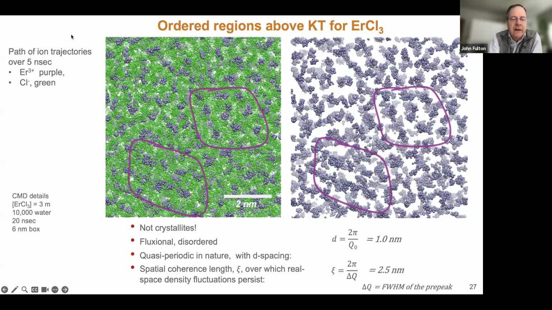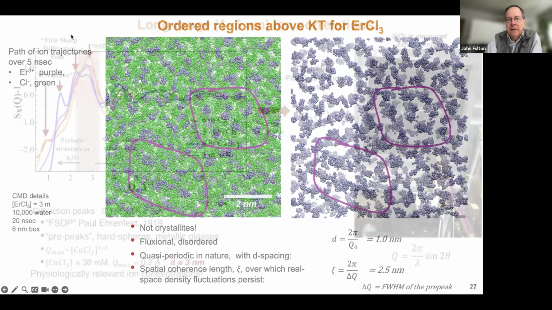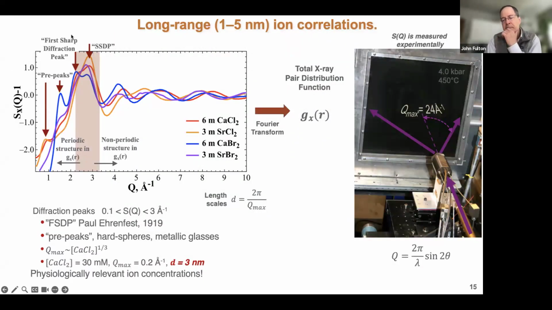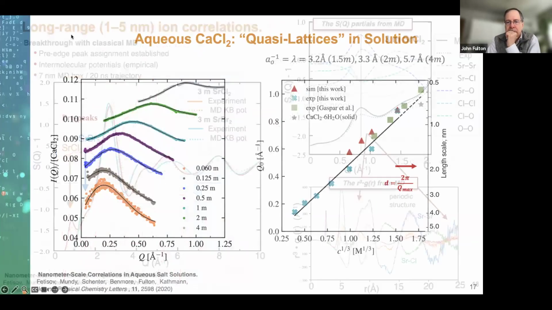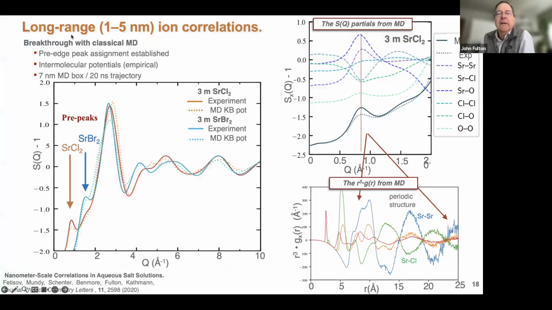Let's see if I can find the breakdown. This is sort of a breakdown of the contributions of the various partials, of course. The two dominant ones: strontium is the highest Z atom in the solution, so in the X-ray structure factor, it dominates the signal.